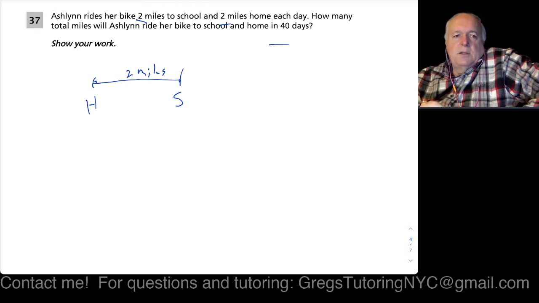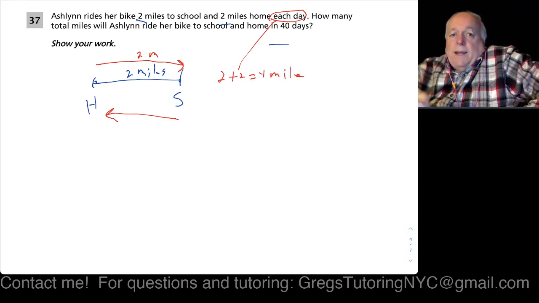She rides her bike 2 miles to school, so she goes this way, right? She gets there, so she went 2 miles, okay? And 2 miles home, so then she goes back again. Each day, okay? So each day she's doing 2 plus 2 equals 4 miles. Right? That's what it says.